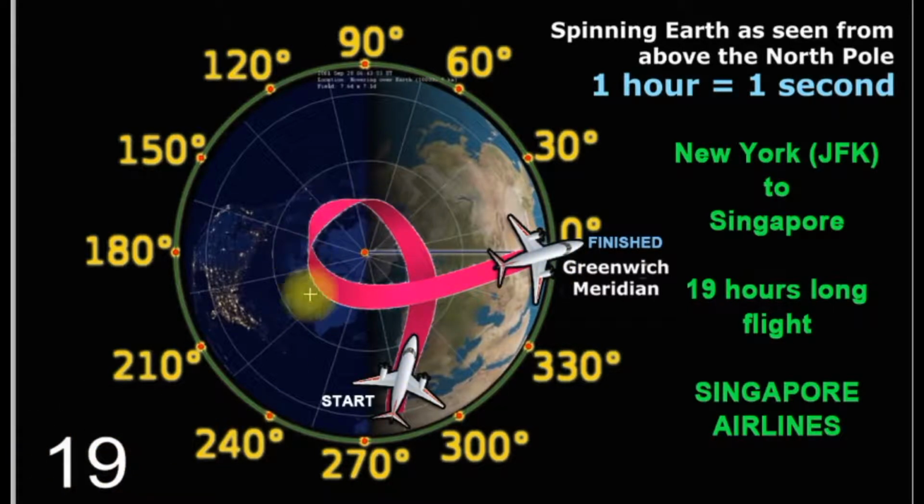It makes no sense, of course, on the spinning ball Earth, because Earth is not spinning. I just look at the flat Earth map and see how this flight really looks. Let's look now at the flight back from Singapore towards New York.